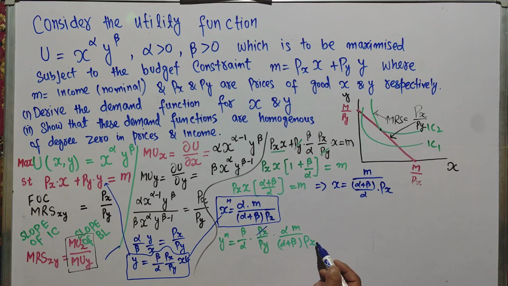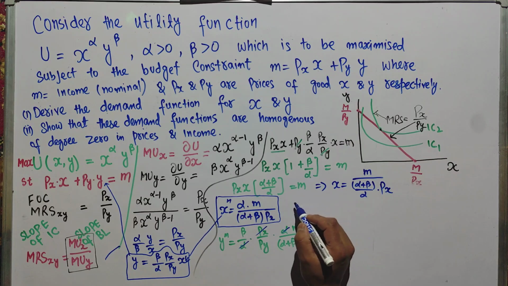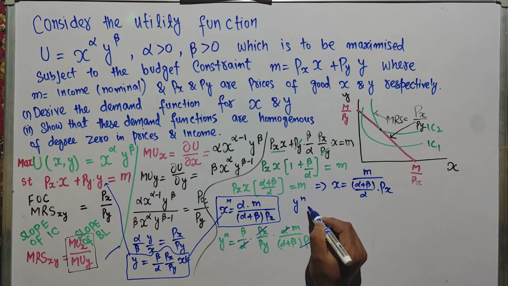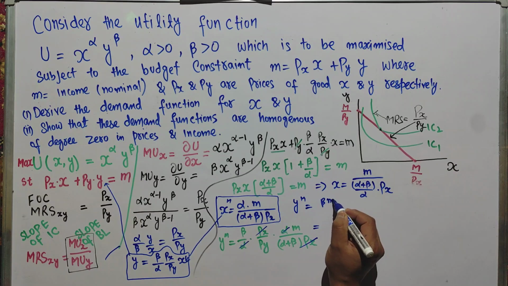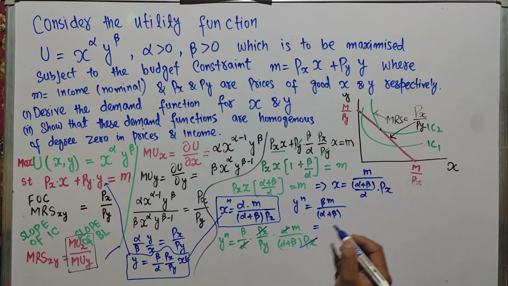Now px and px get cancelled, also alpha and alpha get cancelled, so we are left with y superscript m, which is beta m divided by alpha plus beta times py. So this is the demand function for good y.